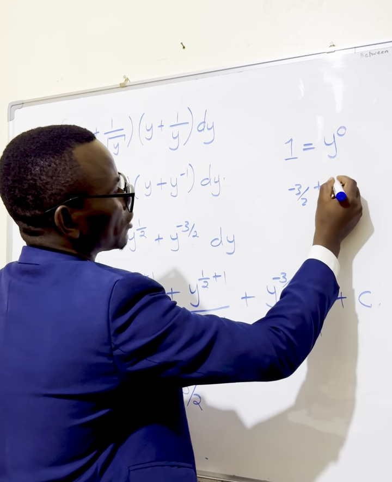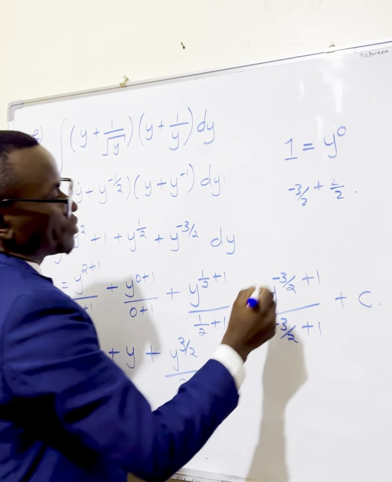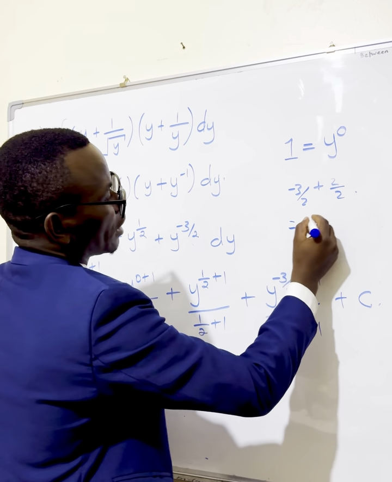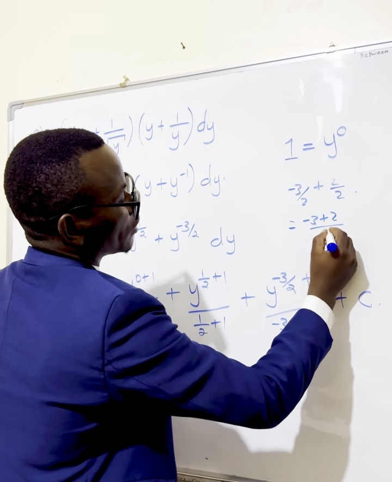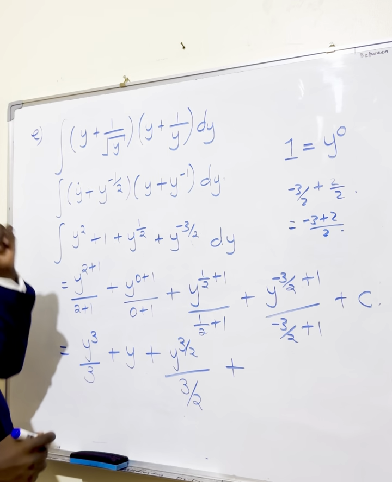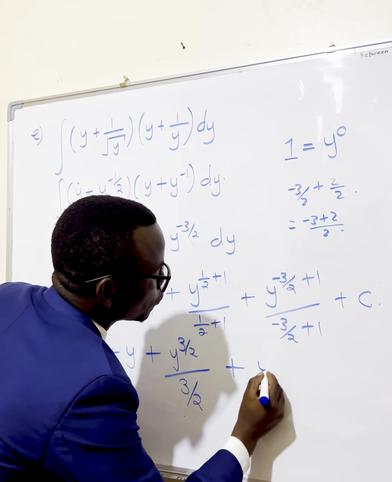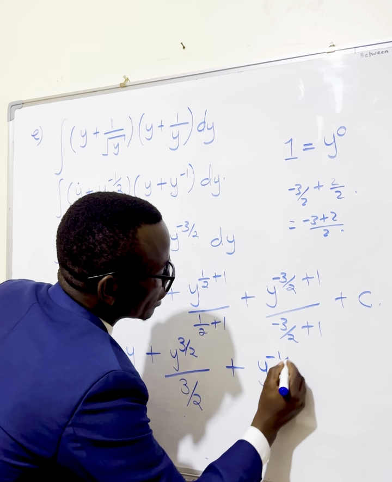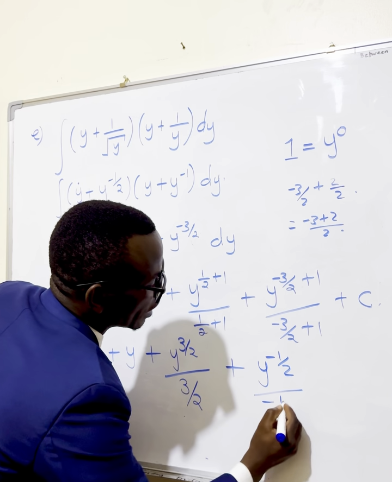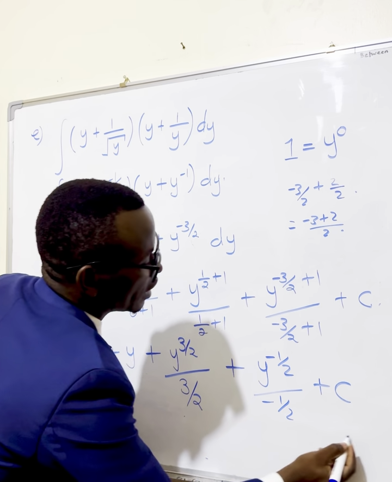So that is 2 out of 2, meaning that we shall get negative 3 plus 2 out of 2, which is negative a half. So we shall have y to power negative a half out of negative a half, then plus a constant of integration.